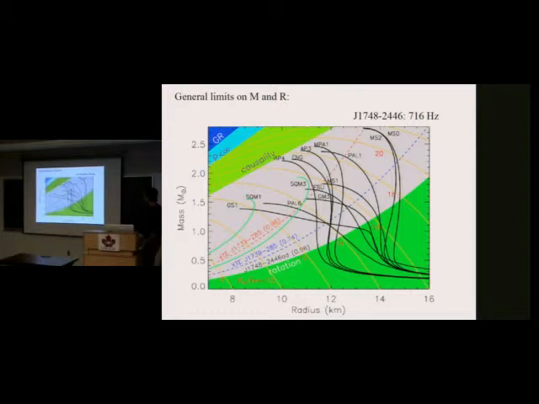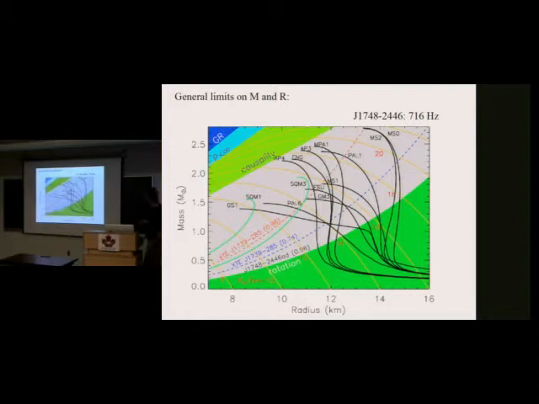Now it's more complicated here. There are general considerations. One thing you could do is look at rotational breakup. You just spin this thing until it falls apart, and it turns out it's very insensitive to the equation of state. So to a few percent, you could just use basically a rotating fluid.